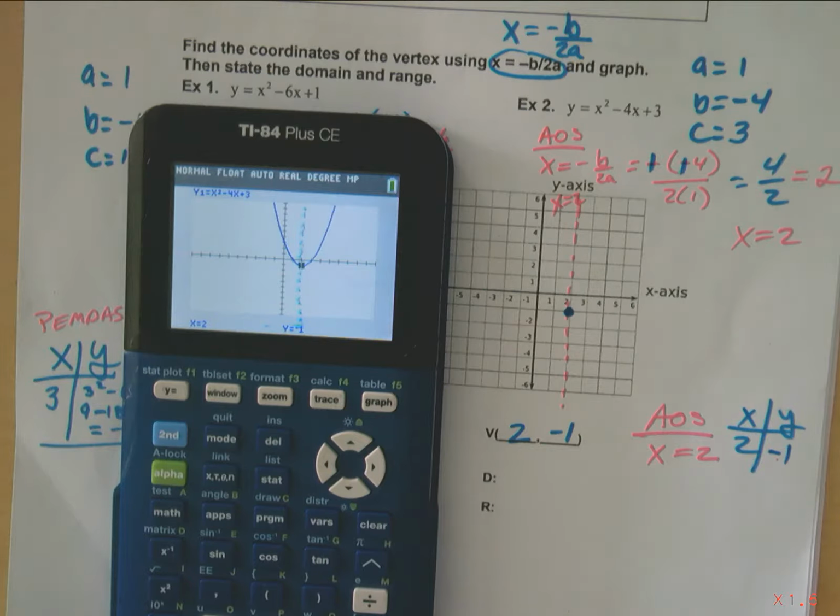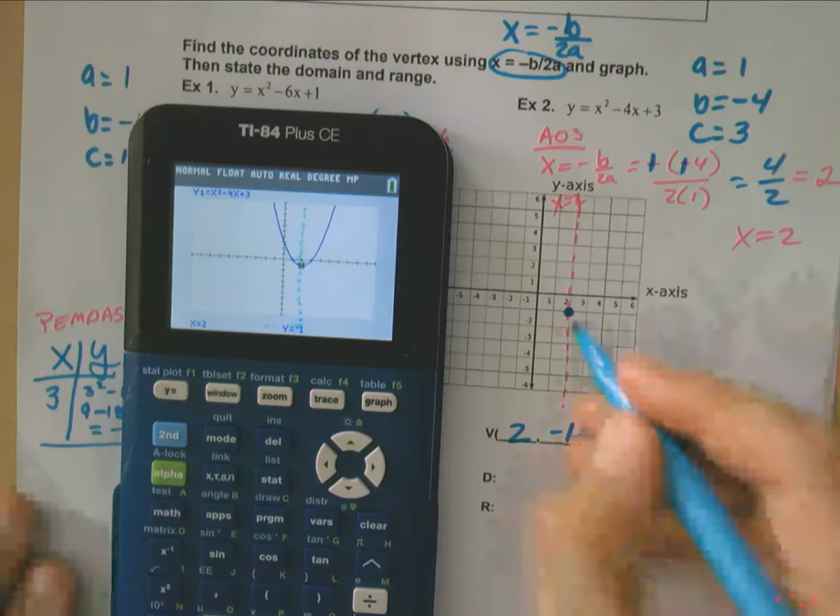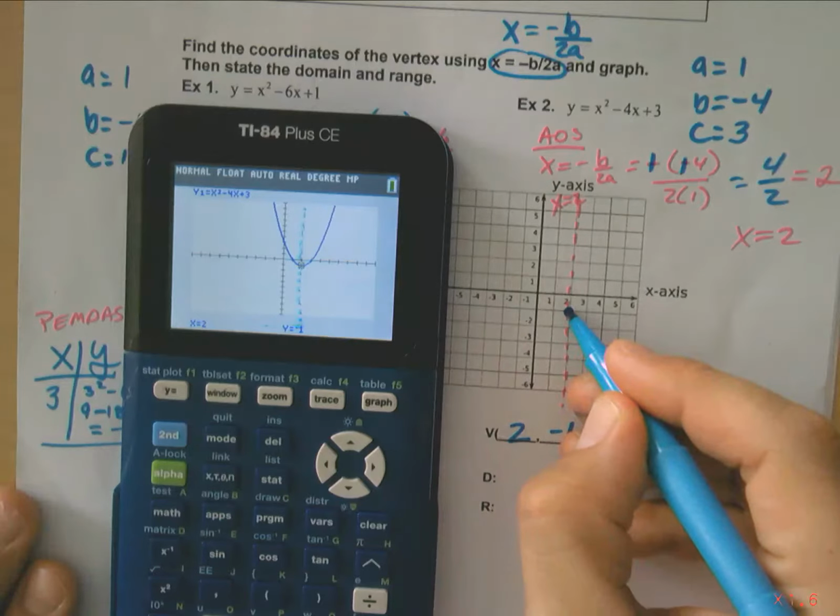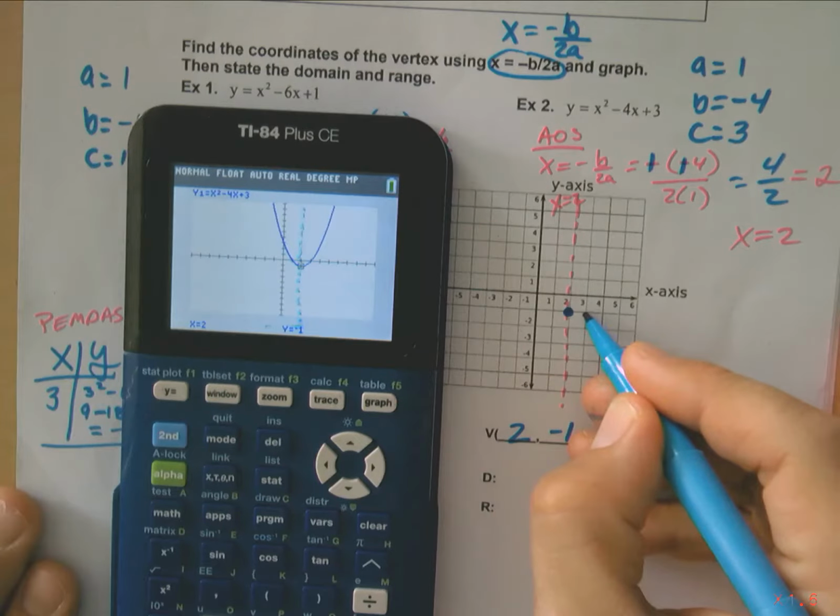And now this is where I need to graph some more points, right? Because my A value is 1, I know it's a smiley face, and I see it on my graphing calculator here. I'm just going to follow the basic pattern. Okay? So right here, over 1, up how many? Over 1, up 1.